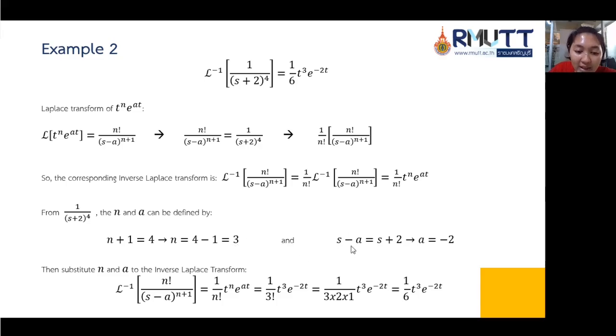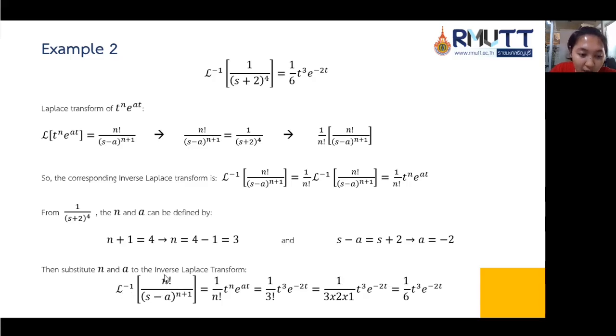And for s minus a, from this equation, this is equal to s plus 2, then the value of a is equal to minus 2. Then substitute n and a into the inverse Laplace transform.